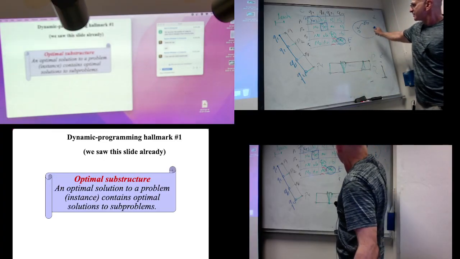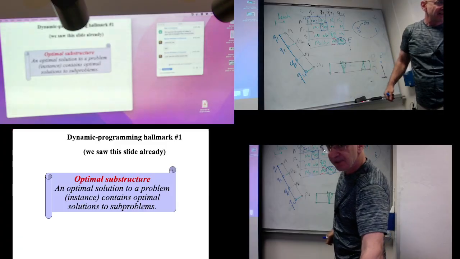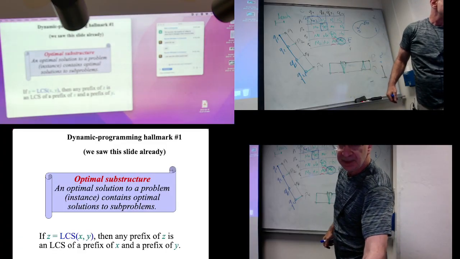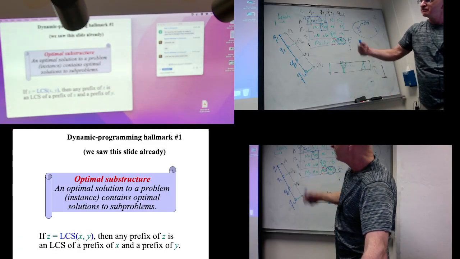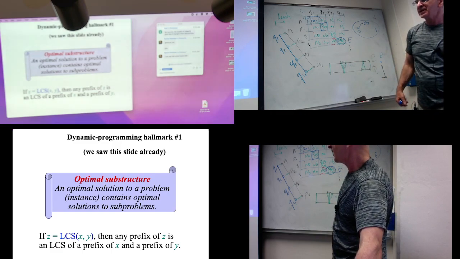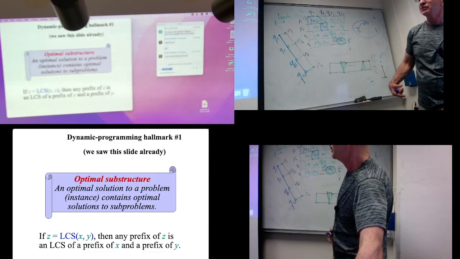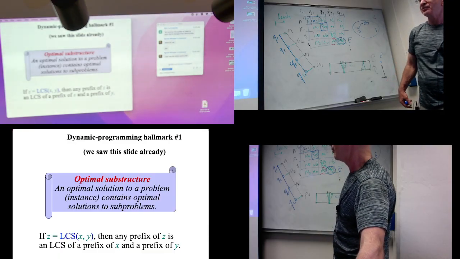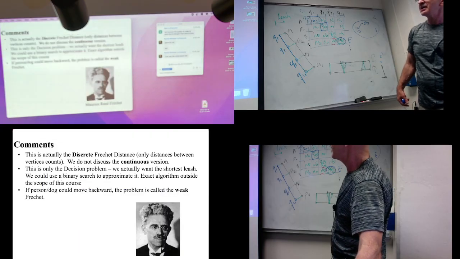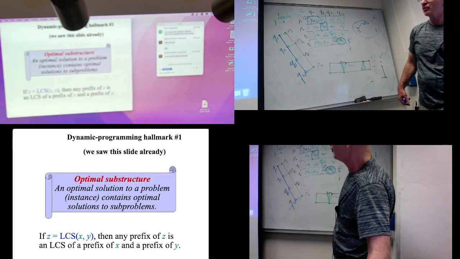If the shortest path from S to T uses V17, it definitely uses this path. That's the example that we saw in the case of the LCS. Every prefix of the optimal solution is a solution to some LCS problem for some prefix of X and some prefix of Y.